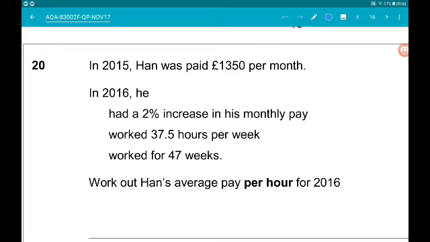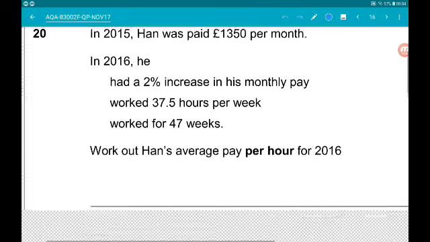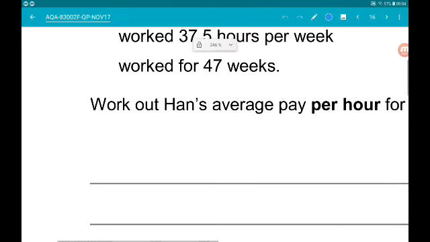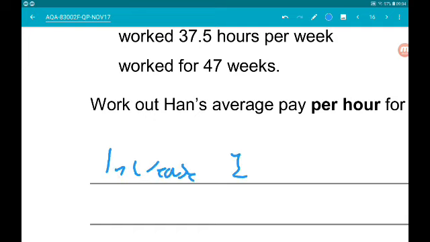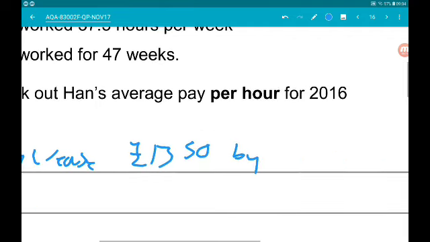Okay, so in 2015 he was paid £1,350 per month. So first up we need to increase 1,350 by 2%.